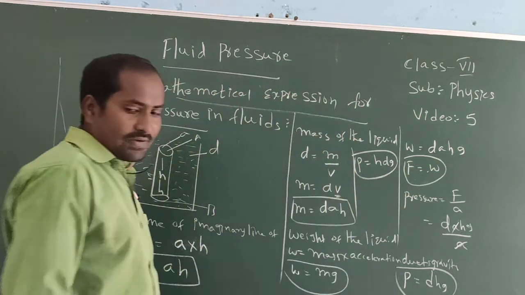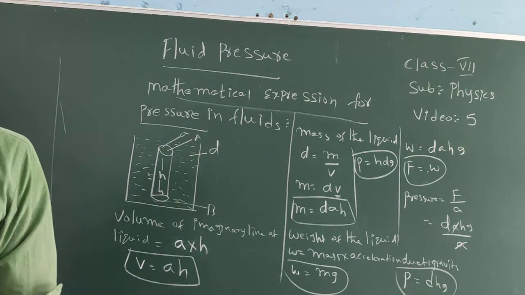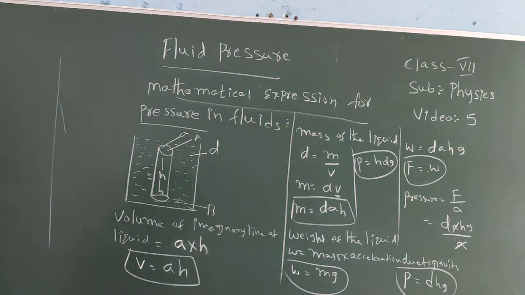So we know that the weight of the liquid column is equal to the force exerted by the liquid column on the base of the beaker, equal to dAhg. So pressure equal to force by area.